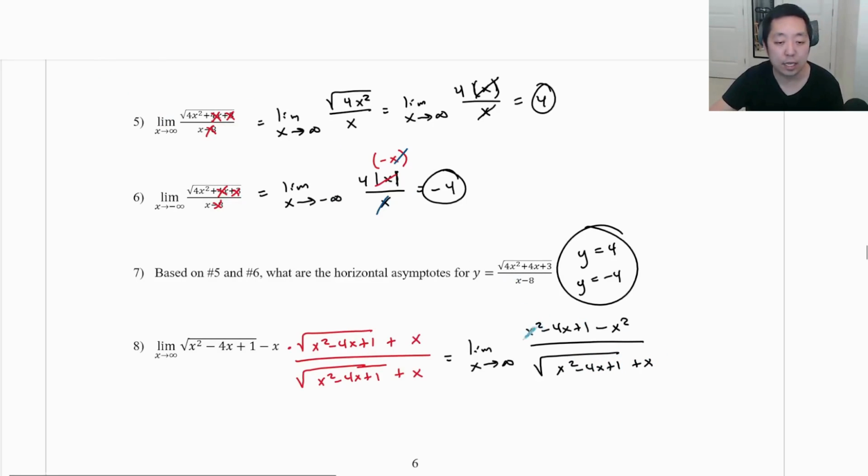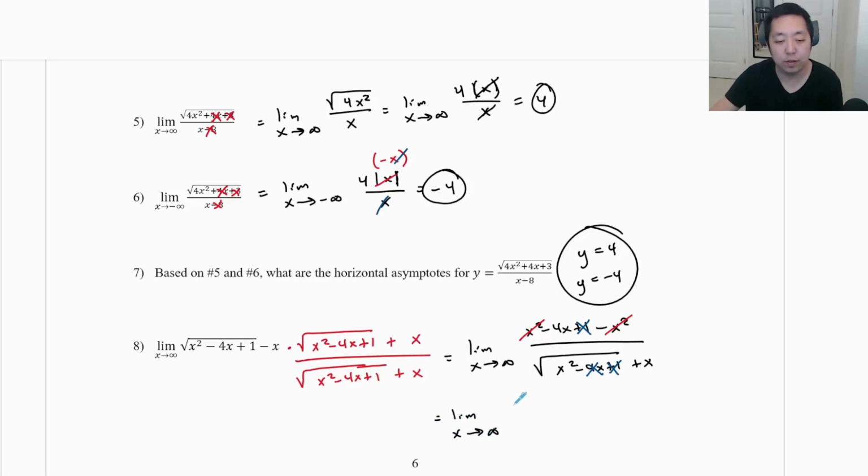Now, these x squareds go away because I subtracted them. And now I only want to keep the largest powers. Now, you've got to be careful when you're doing this. The 1 is definitely smaller than minus 4x. But on the bottom, you can throw this guy and this guy out. But the square root of x squared is about the same size as x. So I can't say that x is smaller than the square root of x squared, because the square root of x squared is actually equal to x as long as x is positive, right?